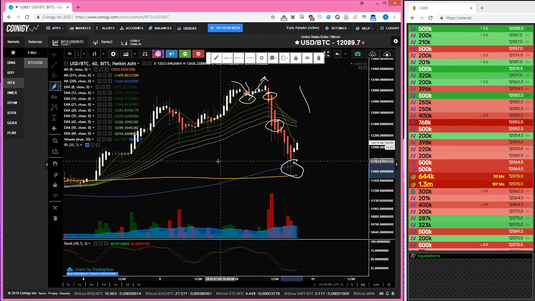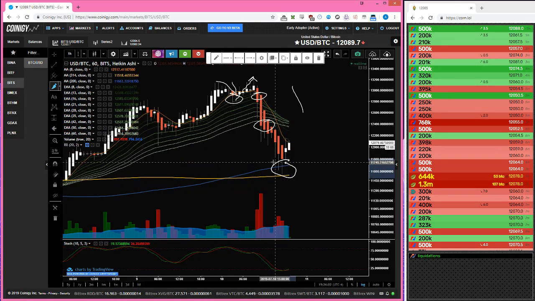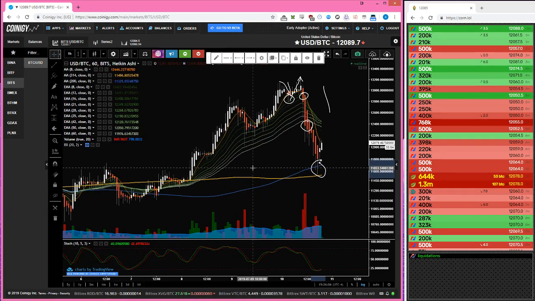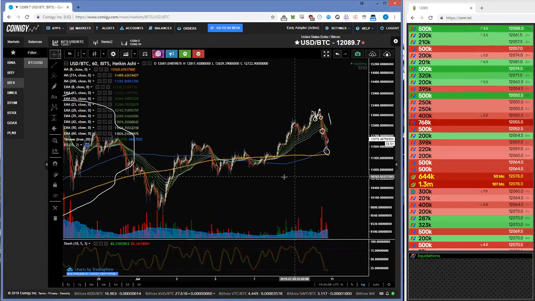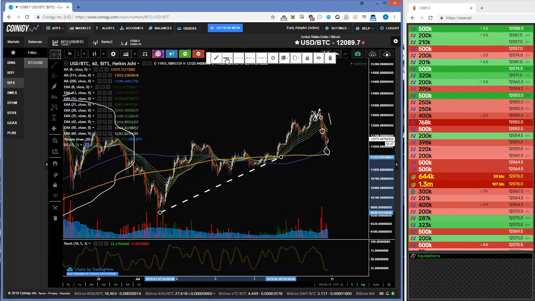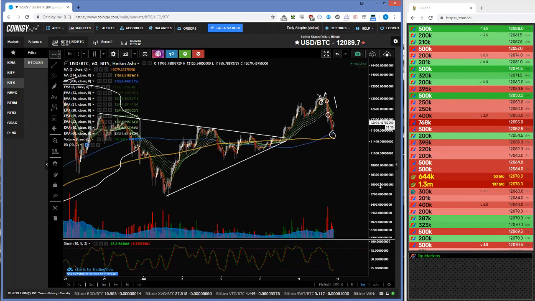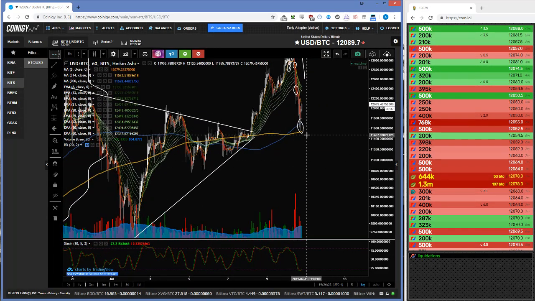But the real place that we held was at these 200, 314 MAs. And as I was talking about last week, the midline of the triangle that we broke out from is very important.